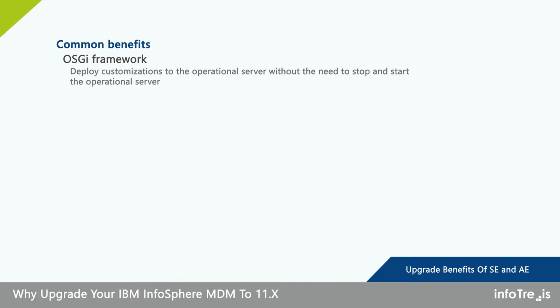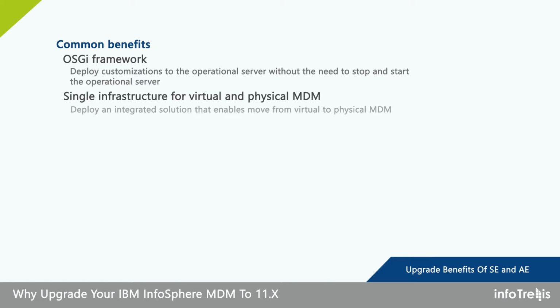As I mentioned while discussing the various editions of MDM, when customers deploy Advanced Edition to their server, it also ensures the availability of physical MDM. This is because IBM has packaged Advanced Edition to include all the features of Standard Edition or Initiate.